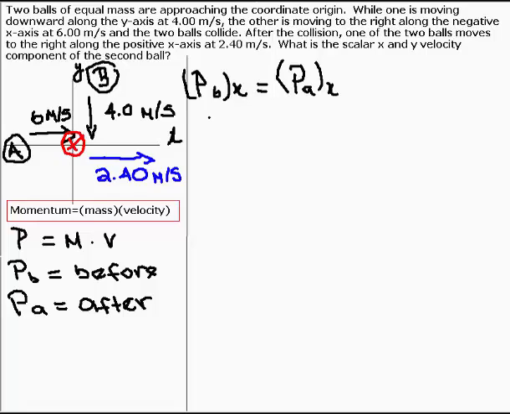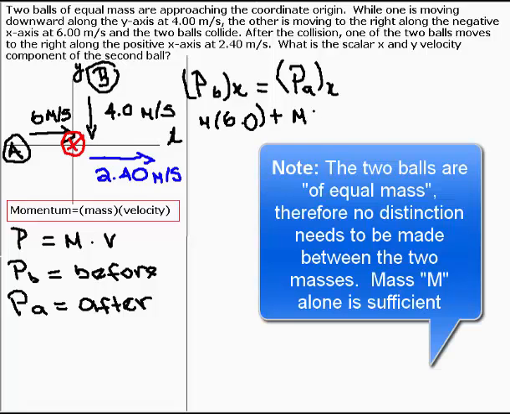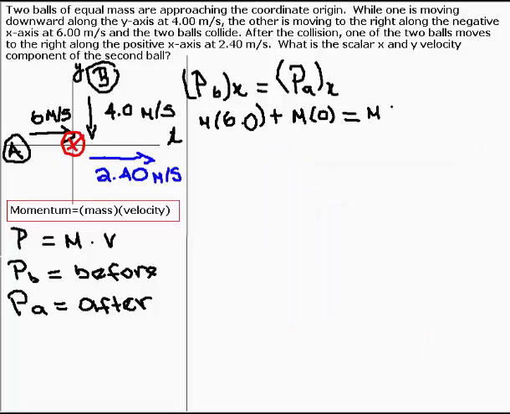So we will redefine this as the mass of ball A multiplied by its velocity, which is 6 meters per second, plus the mass of the second ball times its velocity, which is just 0, is equal to the mass of ball A after the collision, which is 2.4, plus the mass of the second ball after the collision times its velocity in the x direction after the collision. We don't know what that velocity is. That is what we're trying to figure out.